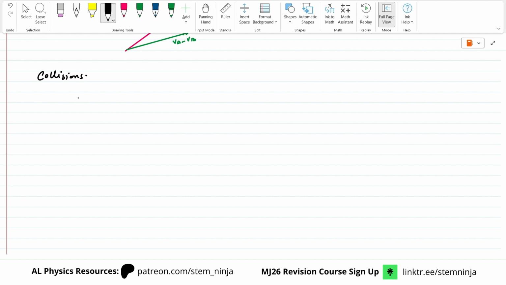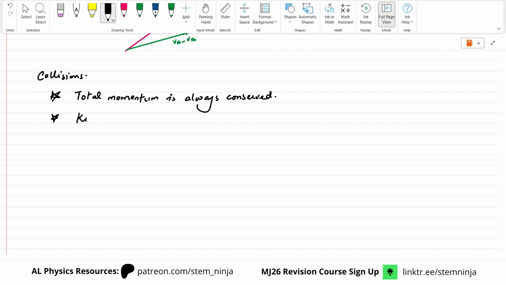First things first, total momentum is always conserved. This is going to be the case.